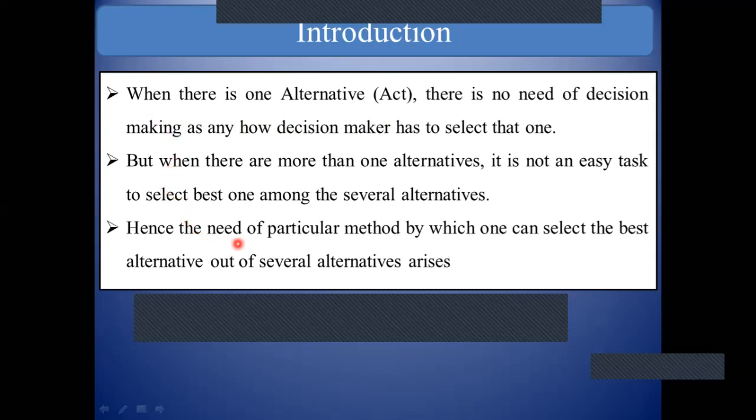Hence, the need arises for a particular method by which one can select the best alternative out of several alternatives. So, the meaning of decision theory is a technique by which a decision maker can select the best alternative out of so many alternatives.